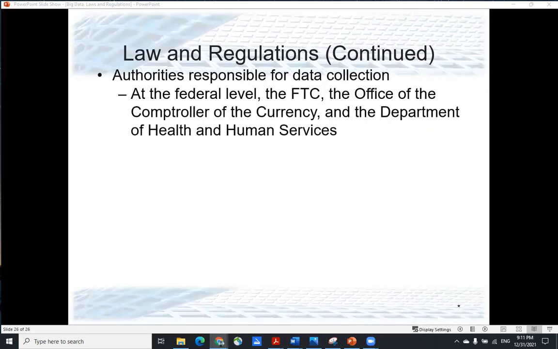We talked about the GDPR and European laws. Again, GDPR stands for General Data Protection Regulation. It seeks the protection of data and privacy of individuals residing within the European Union.